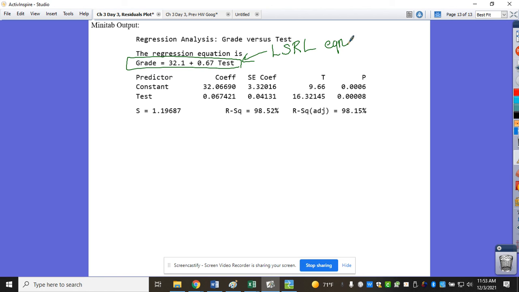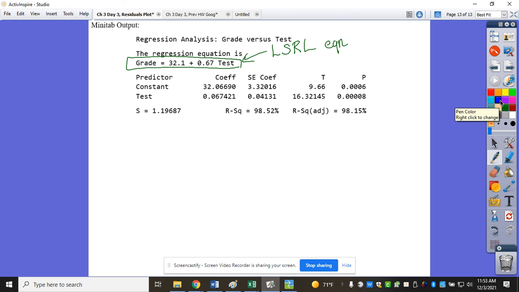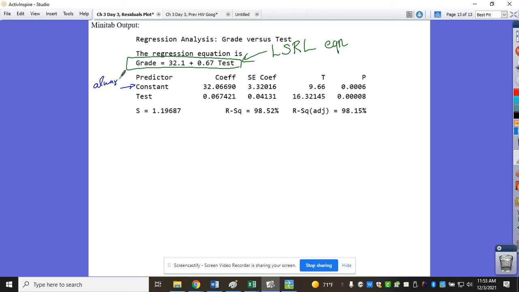It literally always says the word constant there. So what goes here beside of constant is always going to be your, what did you just say? Your y-intercept.